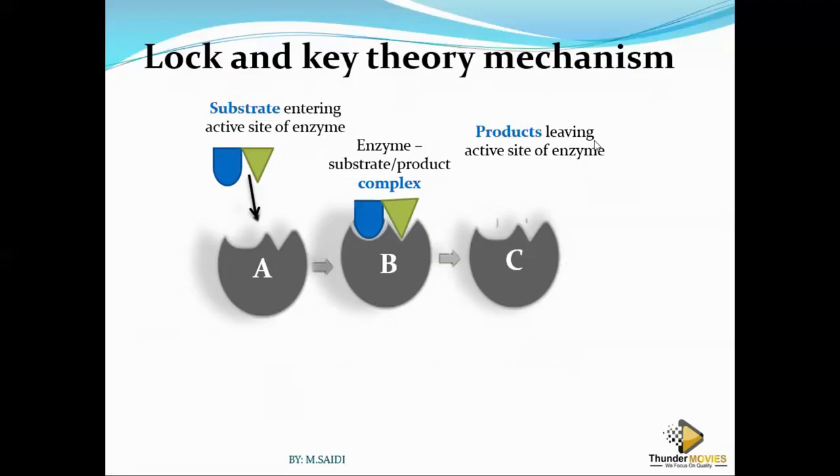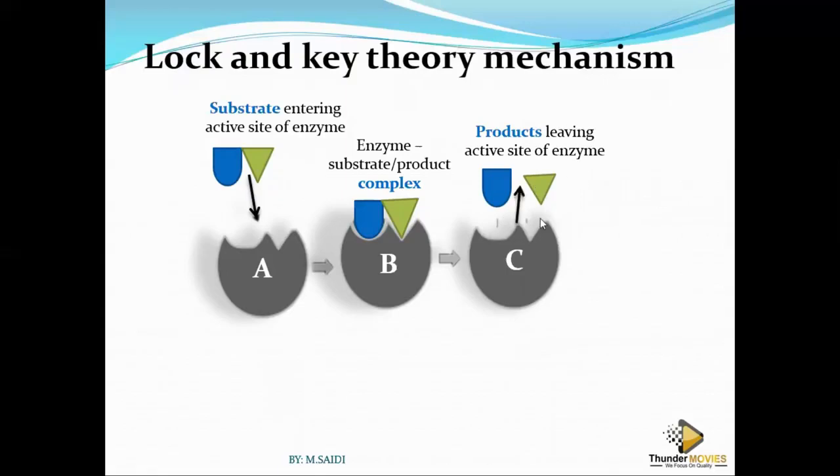Then the products leave the active site of the enzyme. After being broken down here, they leave the enzyme. It means that now the products have been formed. What we wanted is that this substrate, this food, must be broken down, and we use this enzyme so that the substrates can be broken down.